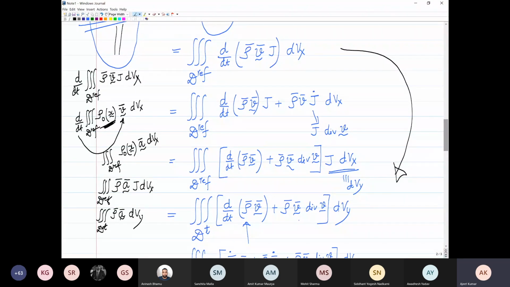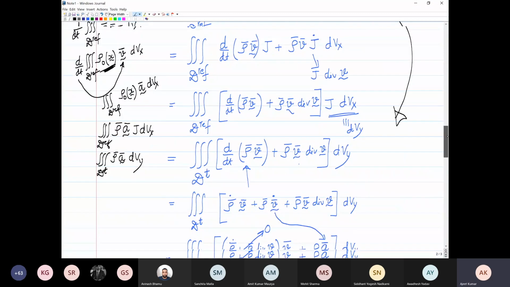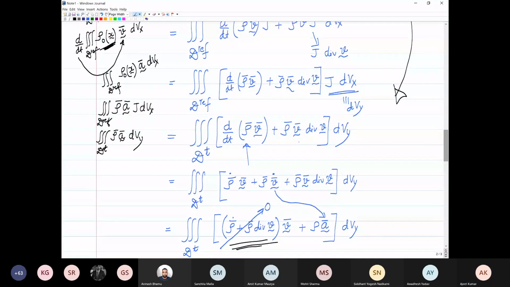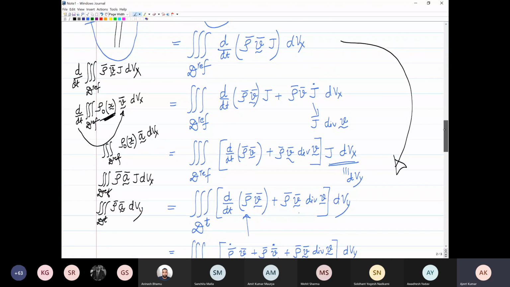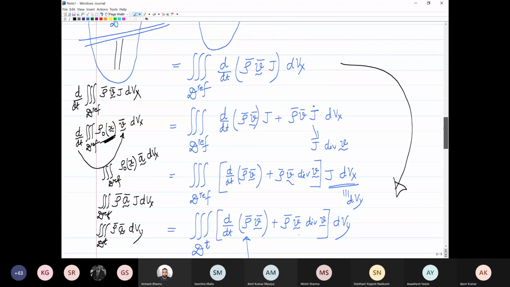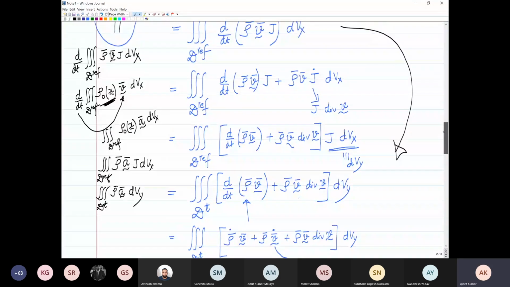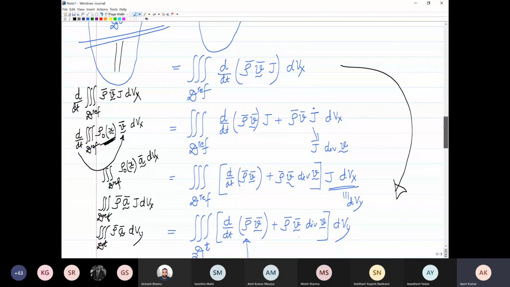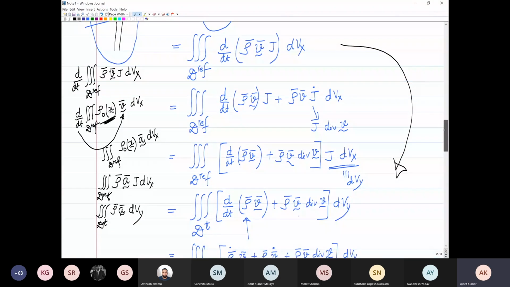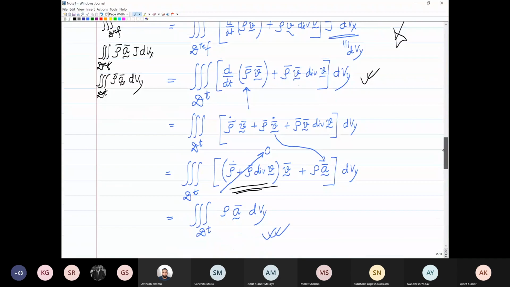Let me try to answer that question by doing some derivation. Basically I'm trying to derive the Reynolds transport theorem, and that will help you. So my starting point would be from, let us say, from here. Okay, maybe from here.